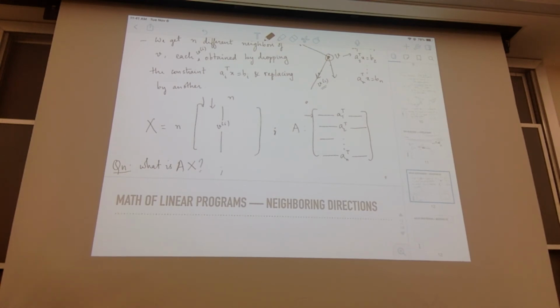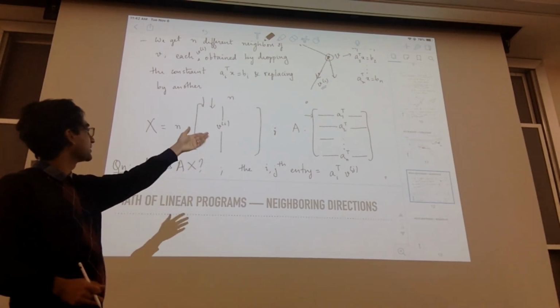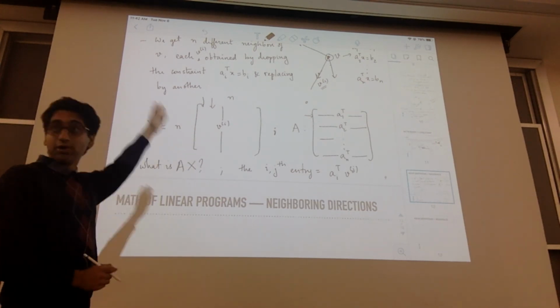So the i, j entry of AX is basically Ai transpose times B superscript j. This is the definition of matrix product: the ijth entry of the matrix product is the ith row dot product with the jth column.